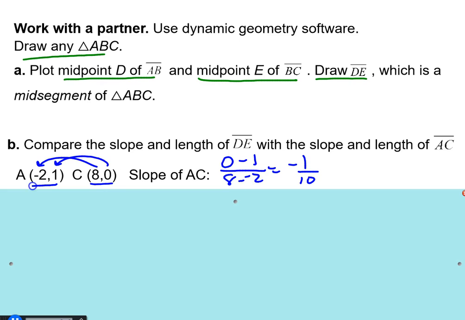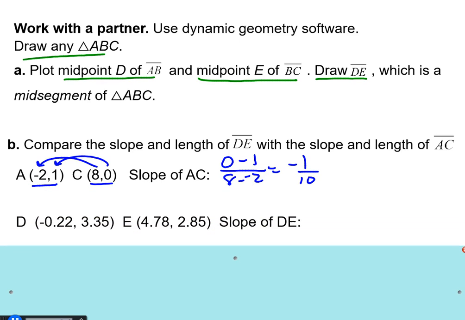Next, we're going to do the slope of DE. DE's numbers aren't quite as pretty, but our slope formula works just the same. Y minus y, 2.85 minus 3.35, divided by 4.78 minus -0.22.